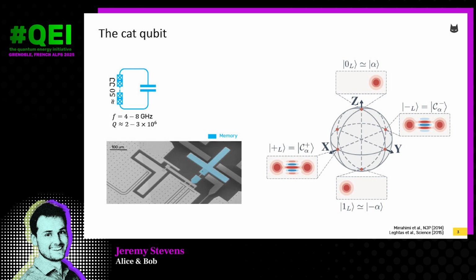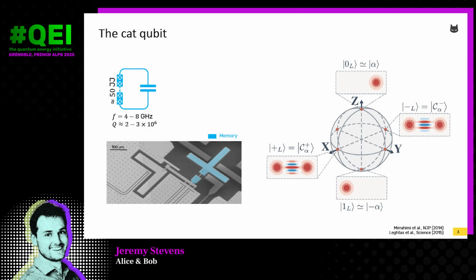So cat-qubits live in weakly anharmonic microwave resonators, which work between 4 and 8 gigahertz, and they have high quality factors, so they're long lifetime modes. I've highlighted here in blue the memory mode in which we're going to store the cat-qubit. You'll find this electron microscope image throughout the talk, where I keep adding bits to the picture. We work in a 2-dimensional computational subspace embedded in this infinite Hilbert space of the microwave resonator.